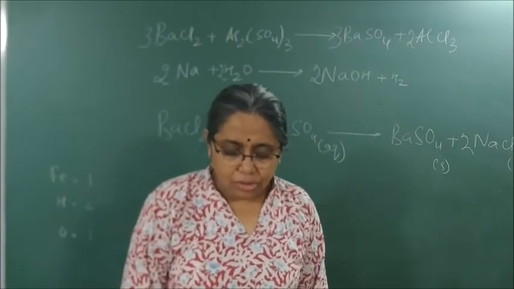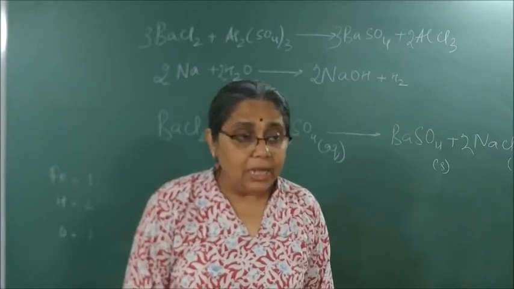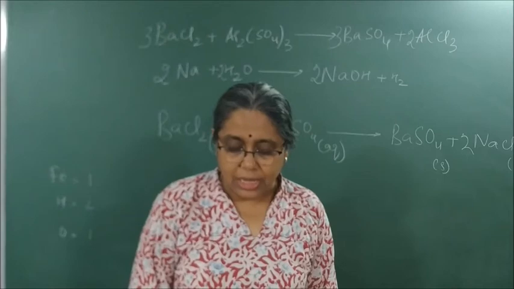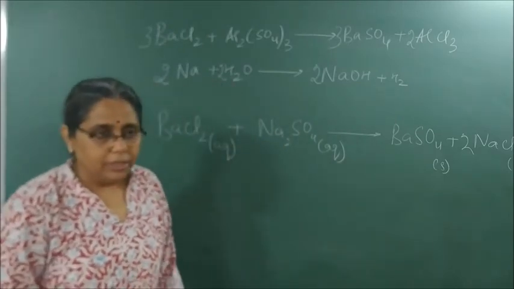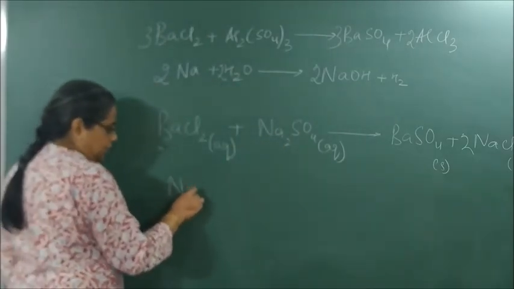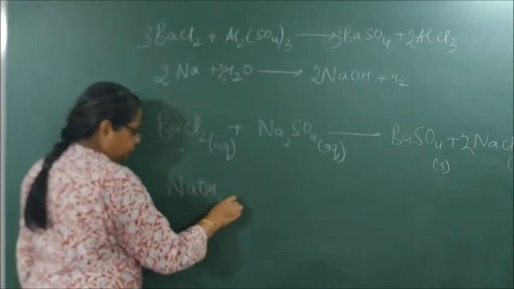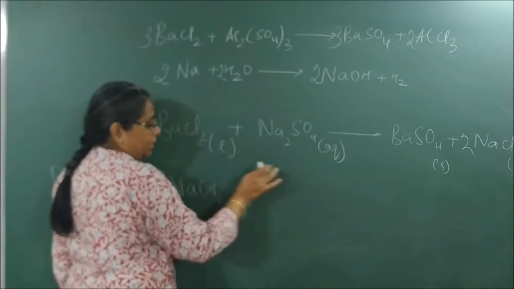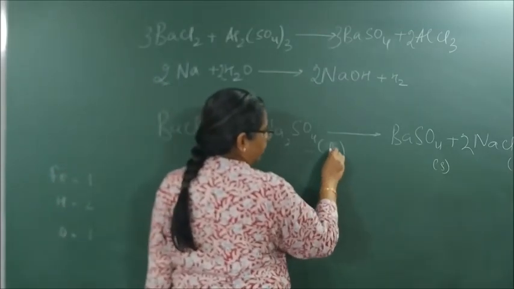Next one: sodium hydroxide solution in water reacts with hydrogen chloride solution in water. So NaOH aqueous. You can write these even as liquid, because they are not mentioned in water.